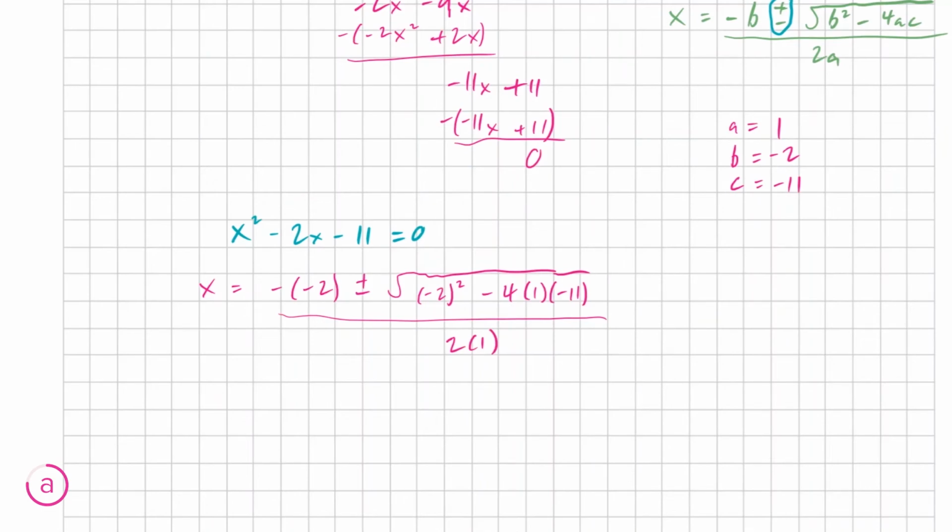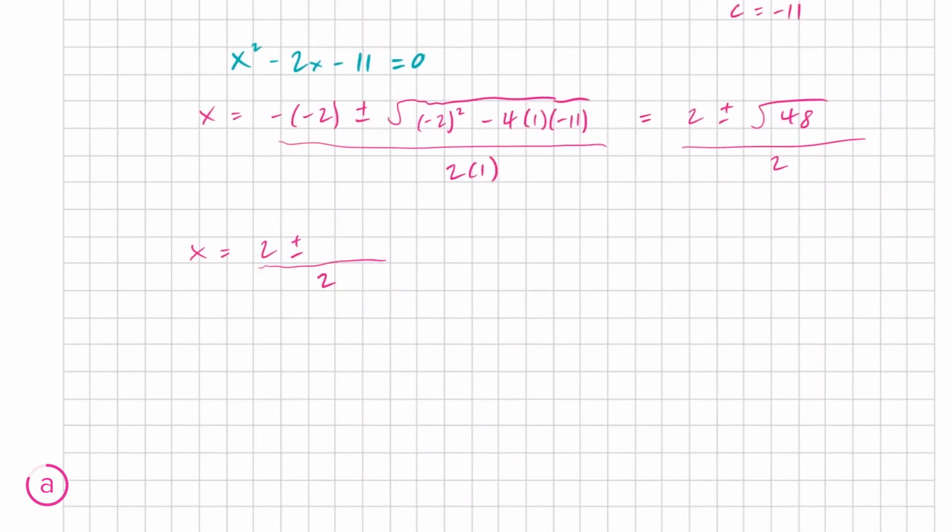So after plugging everything into our minus b formula, we're going to get this big fraction, which will simplify to 2 plus or minus the root of 48 all over 2. So now to simplify it any further, we're going to be looking for a way to change this root 48 into something that's divisible by 2. So we're going to think of factors of 48 which have a square root, and the first one that jumps to mind is going to be root 16.